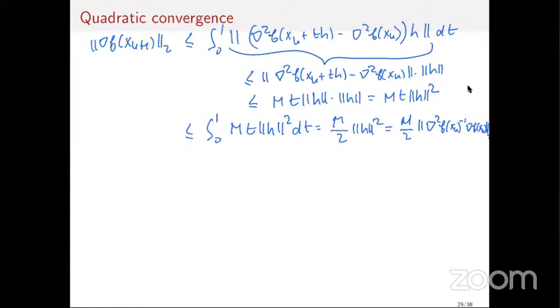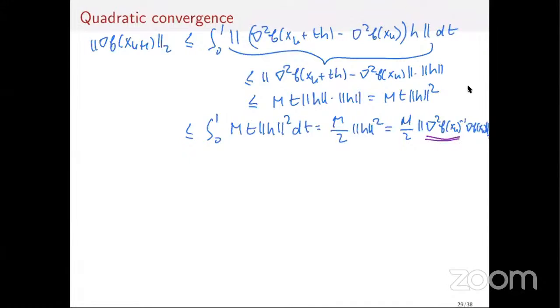Okay, so now I have what I wanted. I had a bound on the norm of the gradient of f at xk plus 1 in terms of the norm of the gradient of f, but I have a Hessian inverse that I would like to get rid of here. So I'm just going to use the fact that my function is strongly convex.